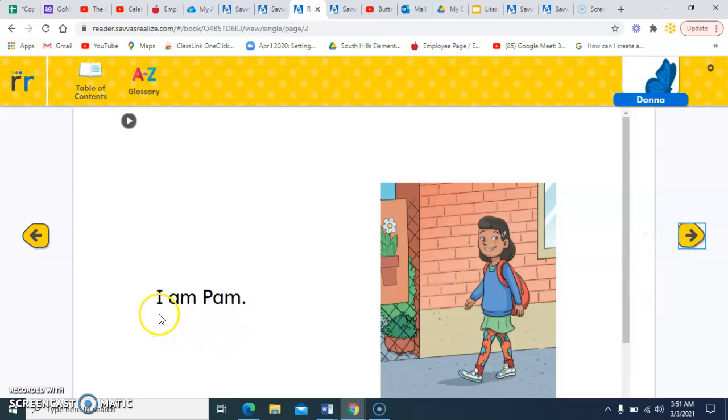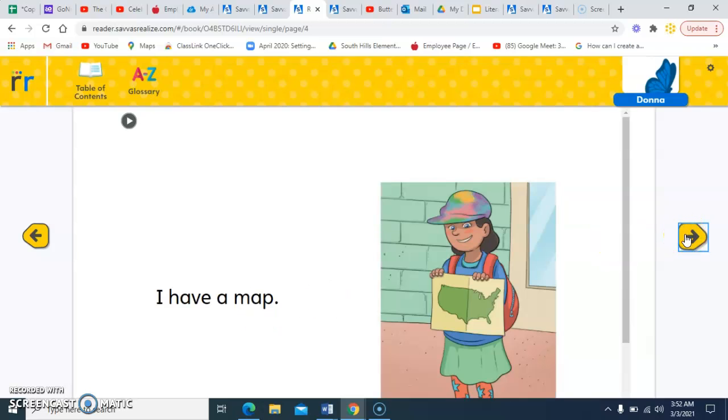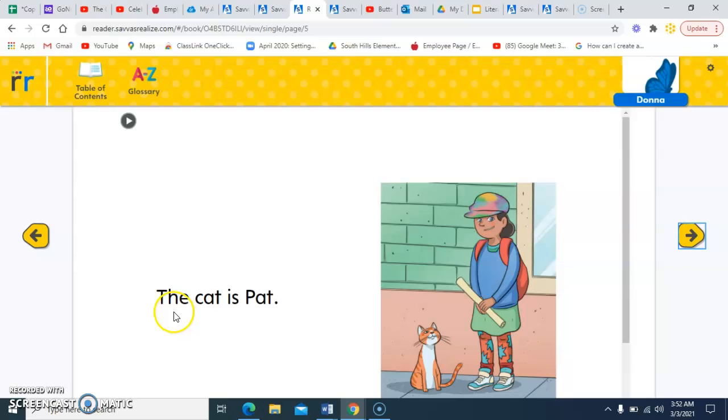It says, I am Pam. I have a cap. I have a map. The cat is Pat. And why is the P capital? That's because it's someone's name.